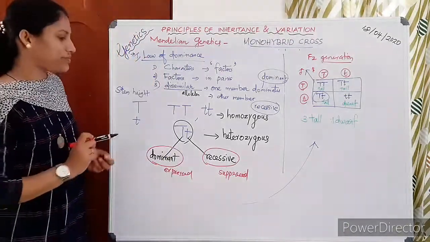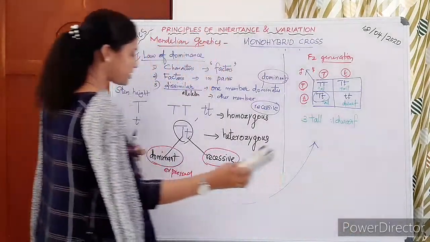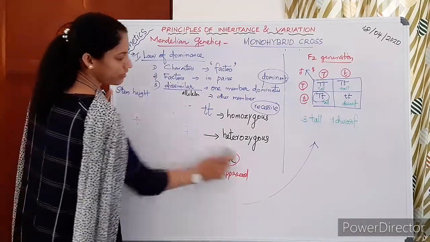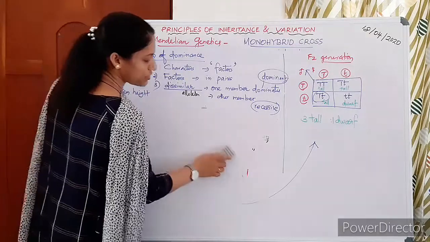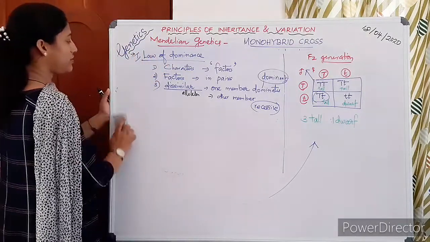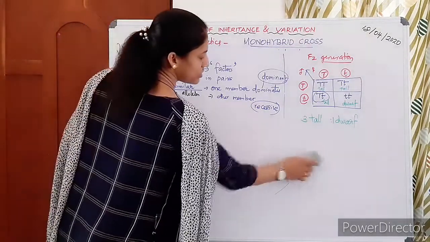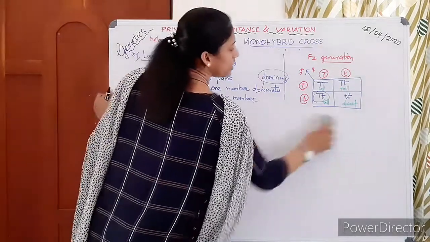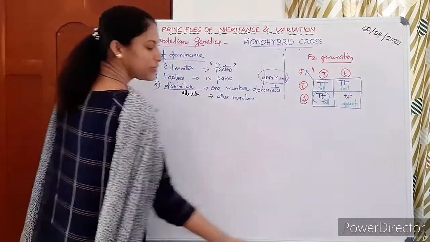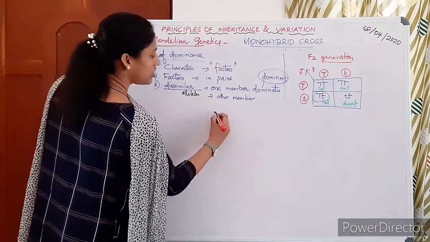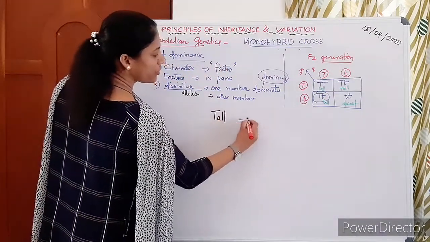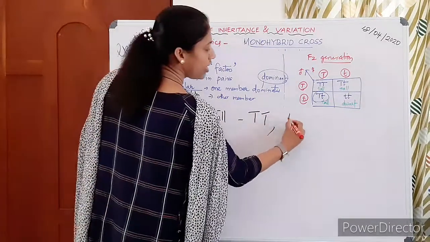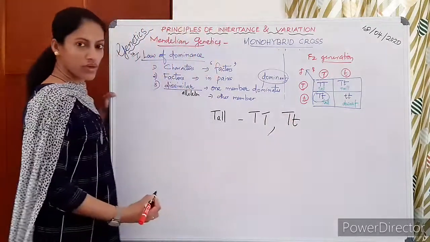One more thing to understand. These terms are familiar, I think: dominant, recessive, homozygous, heterozygous. Next class we will revise them once again, to check whether these terms are clear for you. Now, you have seen tall with this condition expressed as tall, and this also expressed as tall.